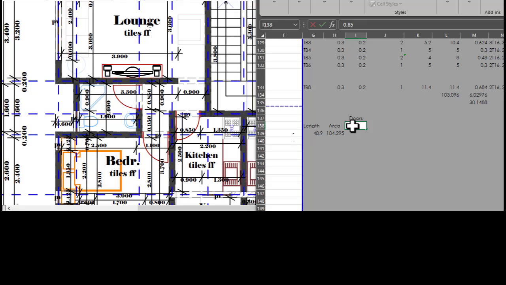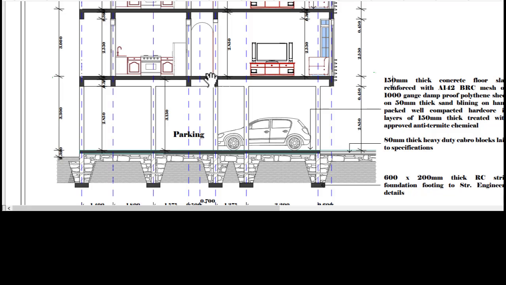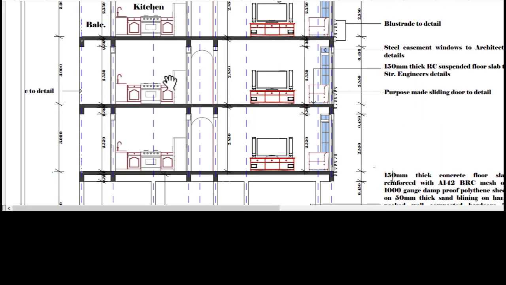0.85, okay. So when you don't have the door schedule, you can always get the widths of those doors on the plan. So that is the first tip. So you get the widths of the doors on the plan. But then now for your heights, you can always check the section, if at all you can have an idea of the heights of those doors.